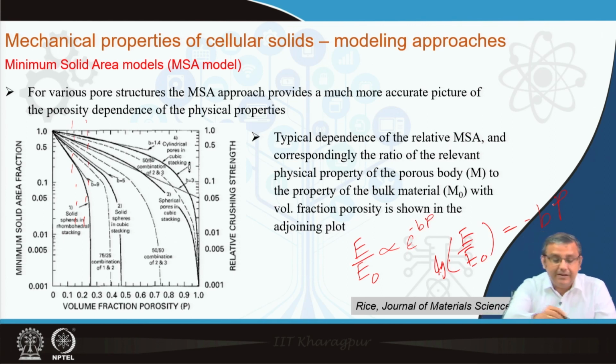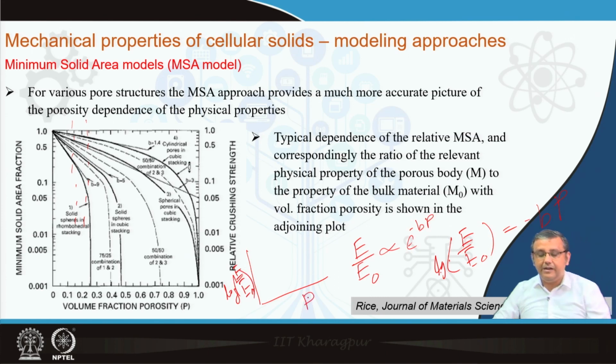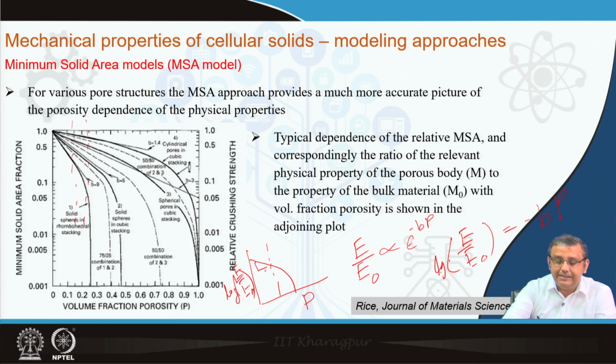In this initial region you can plot a semi-log plot, with your property, log of E over E0, on a log scale and the porosity on a linear scale, and you typically obtain a curve like this. The slope of this initial portion is the value of B from this expression.